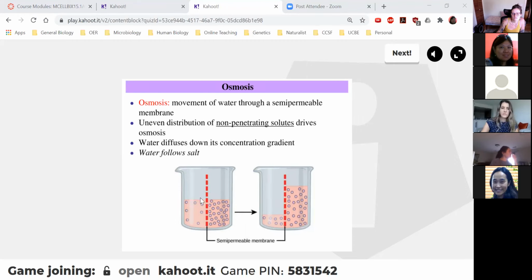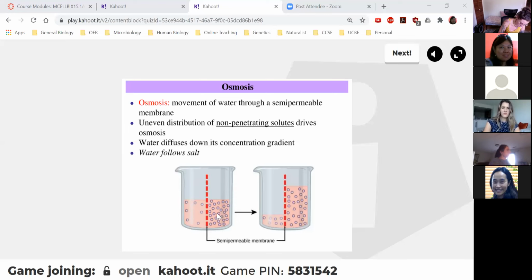The 10 molar sucrose solution has some water, but also a lot of sucrose. On the other side, it's pure water, so that side is 100% water. So the water concentration on the left side is a lot higher than on the right side. The water is literally diffusing down its concentration gradient, going from high water concentration to low water concentration.